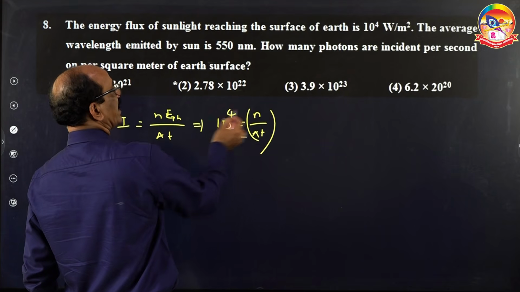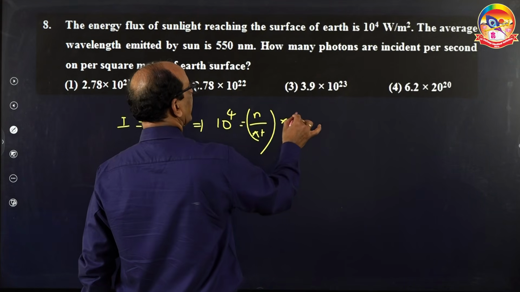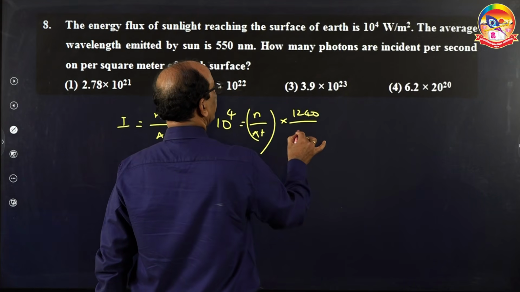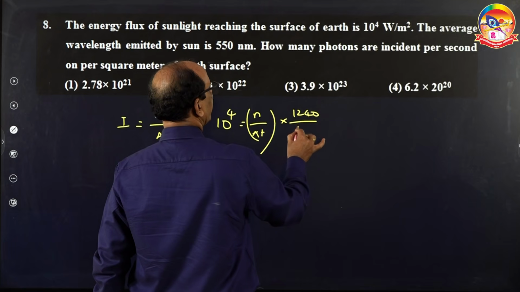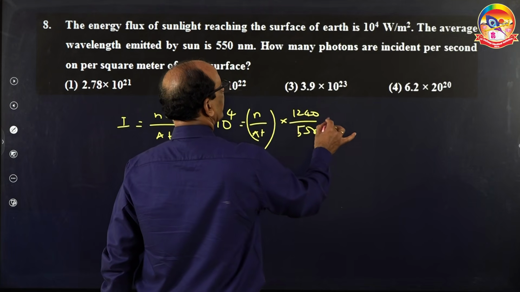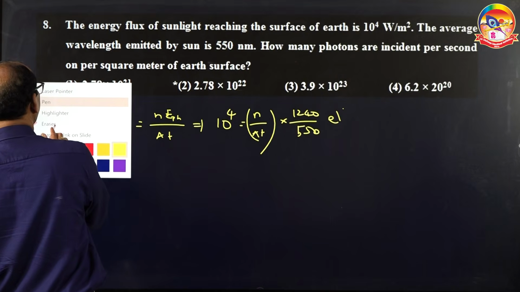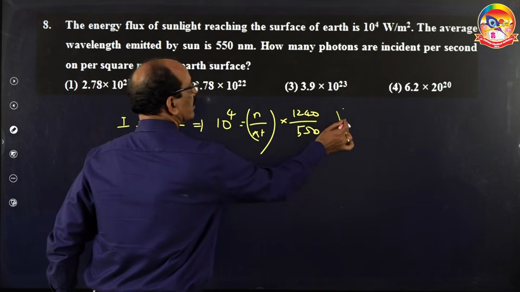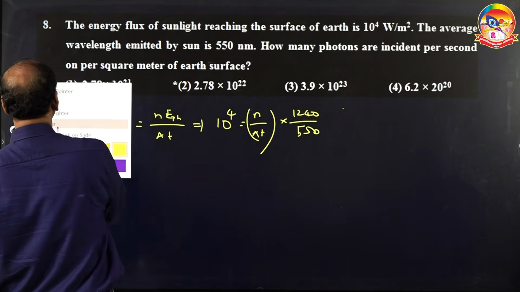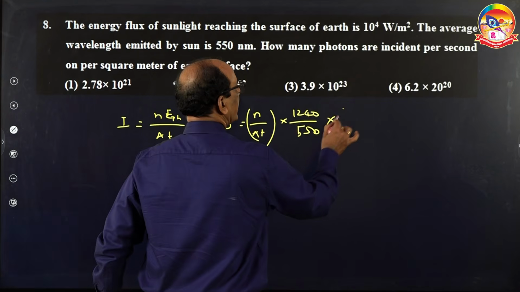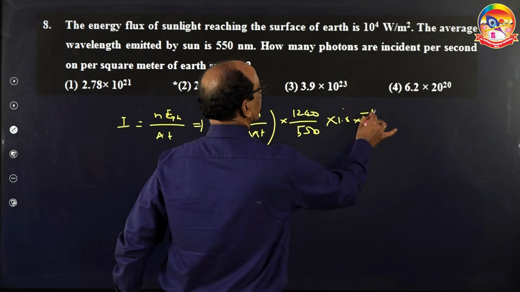We can write it as hc by lambda, or 1240 by 550 electron volt, but this is given in SI, so we multiply by 1.6 times 10 power minus 19.